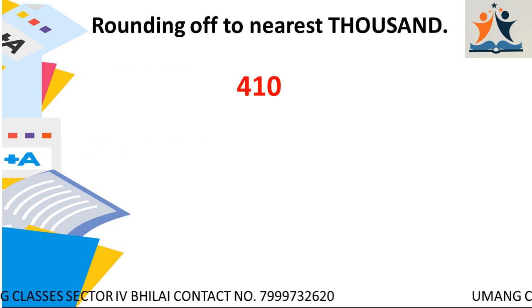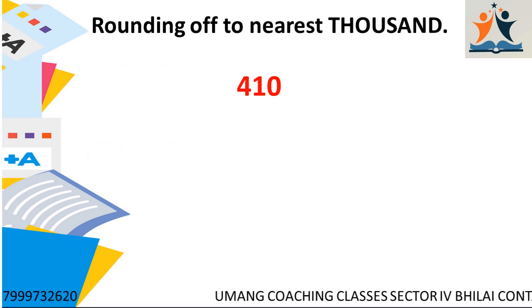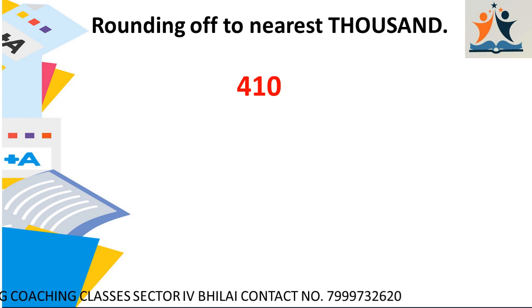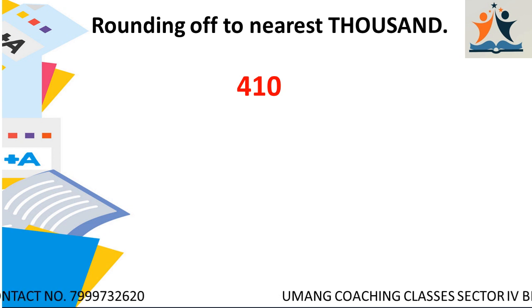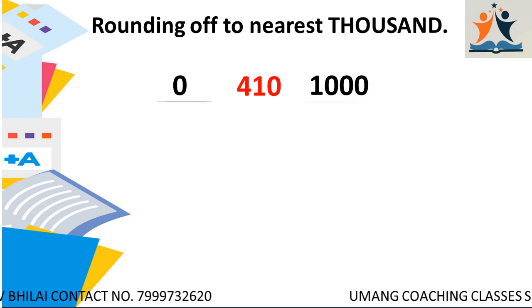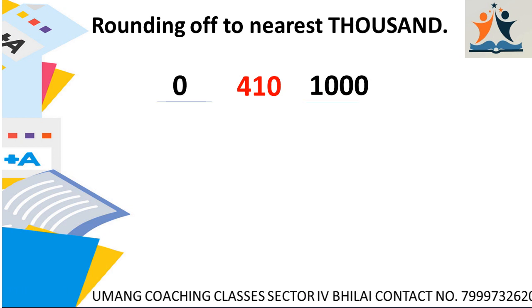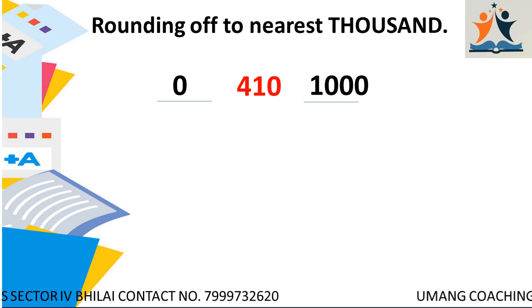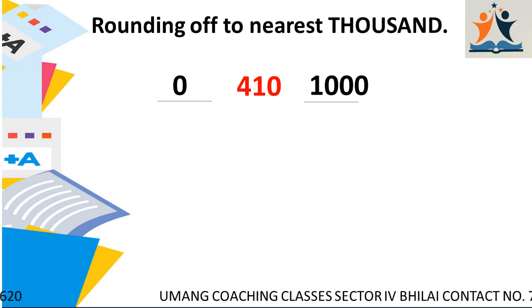Let's see the rounding off to nearest 1000. For rounding off to nearest 1000, let's suppose the number 410 again. So the nearest 1000 for 410 will be 0 and 1000, because before 410 we do not have any 1000. So we'll take 0.